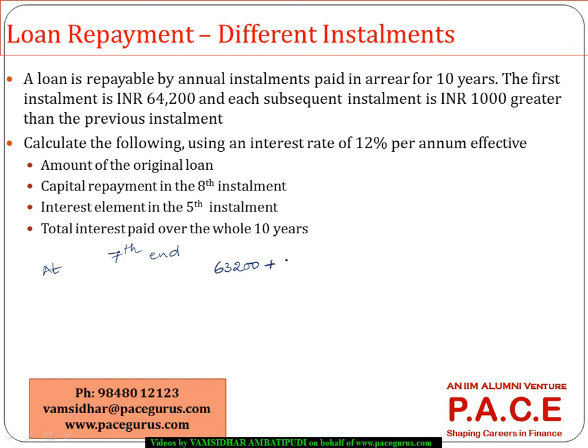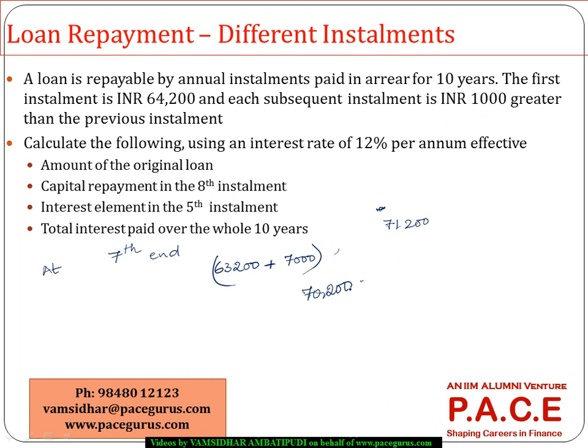So by the end of the 7th year, 63,200 plus 7,000. The installment before that, probably 70,200 must have got paid, right? After the 7th installment, 70,200 must have got paid, which means the next three installments are nothing but 71,200, 72,200 and 73,200.